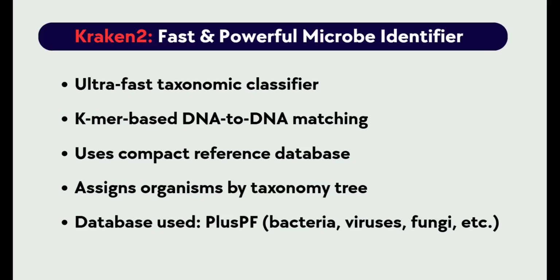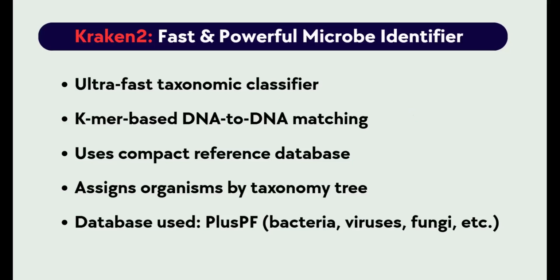Let me give you an example on this. Let's say a DNA read matches both E. coli and Salmonella. These are both from the same family. You already know that the family of E. coli and Salmonella is Enterobacteriaceae.